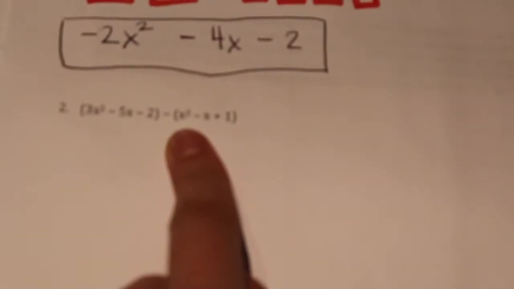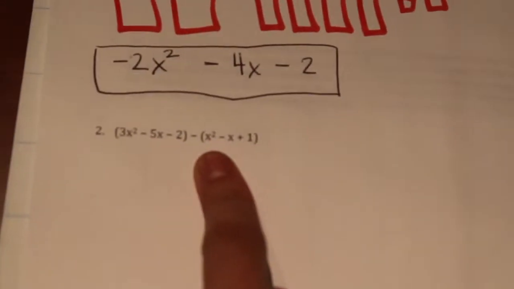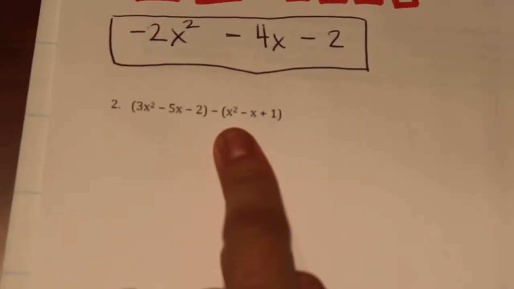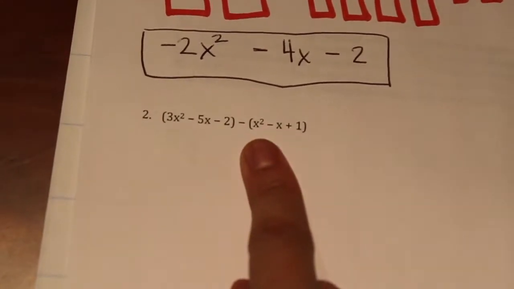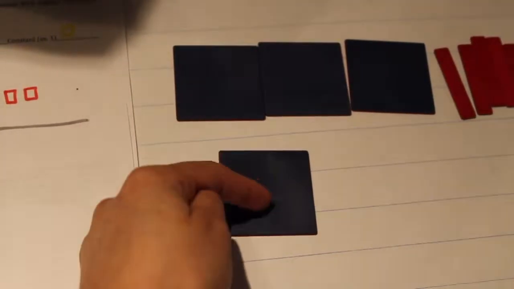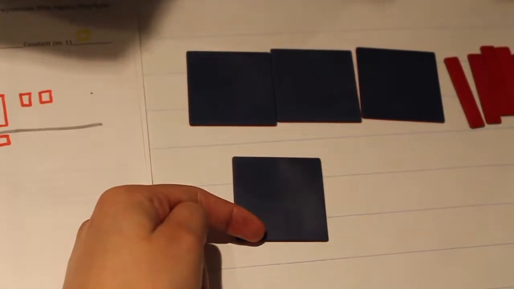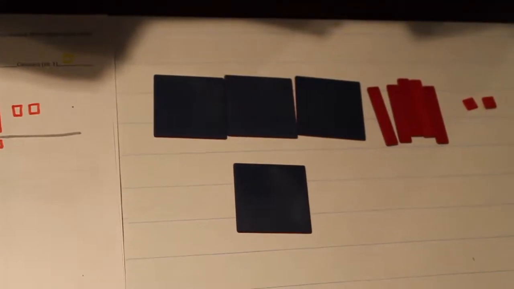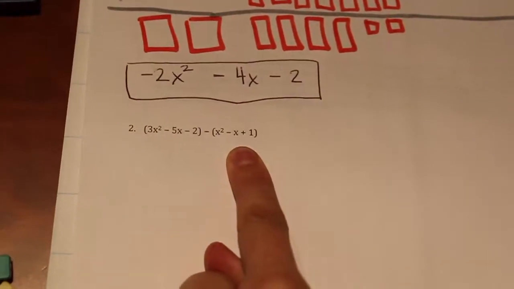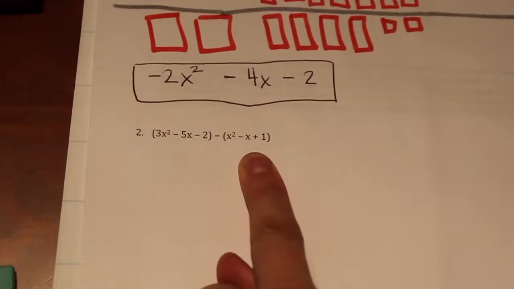The first term, x squared, tells us we need 1 of the x squared tiles. Because there is no number in front of the variable, that means it is a 1. And we place it under the like terms from the previous polynomial. So these are like terms, so we place it here. Then it says minus x, which tells us we need 1 of the x tiles.